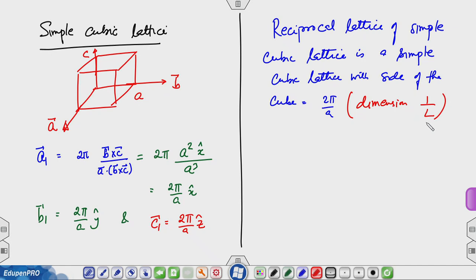So, bigger the lattice in real space, smaller the unit, or bigger the unit cell in regular lattice, smaller will be the unit cell in reciprocal lattice. Let us now look at BCC.